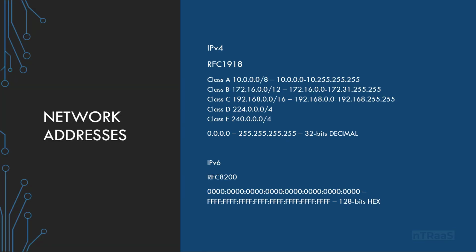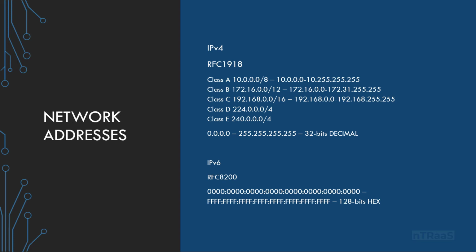So when it comes to network addresses, we have to cover this a little bit. We're going to go into a lot more detail into this and transport addresses in a dedicated IPv4 and IPv6 video, but for now, this is something you need to be aware of. The RFC 1918 for IPv4 has 5 classes of IP addressing.